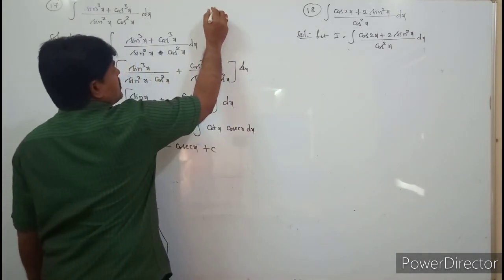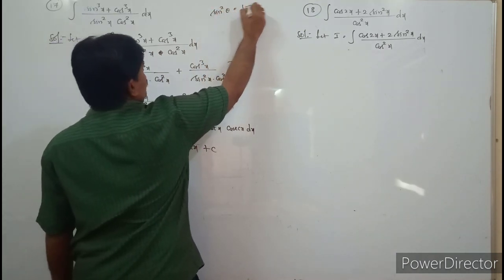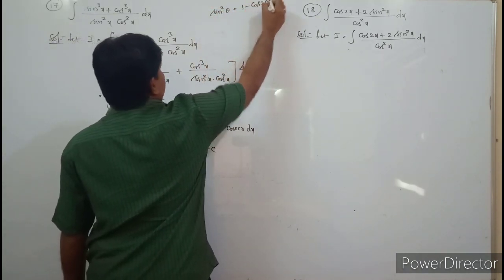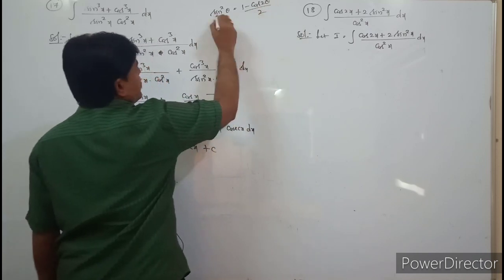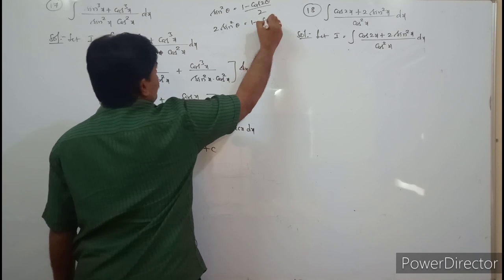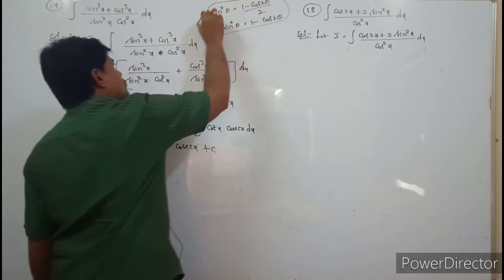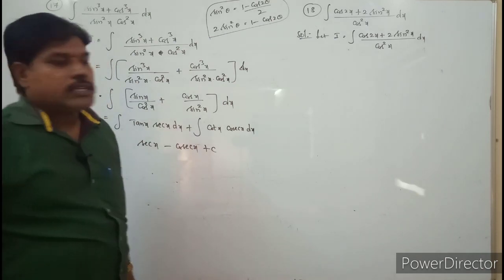What is the formula? Sin square theta is equal to 1 minus cos 2 theta by 2. That means 2 sin square theta is equal to 1 minus cos 2 theta.